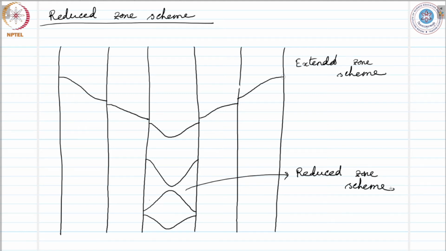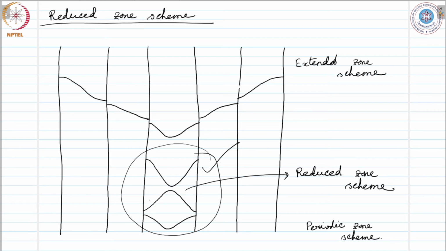And if we repeat this reduced zone scheme on each zone, that would be called a periodic zone scheme. We are not plotting that periodic zone scheme here, but that's the idea. Mostly we plot band structure using this reduced zone scheme.